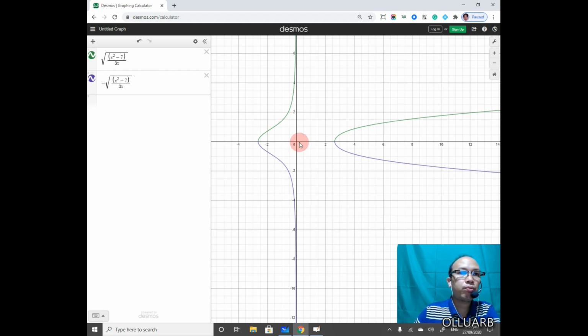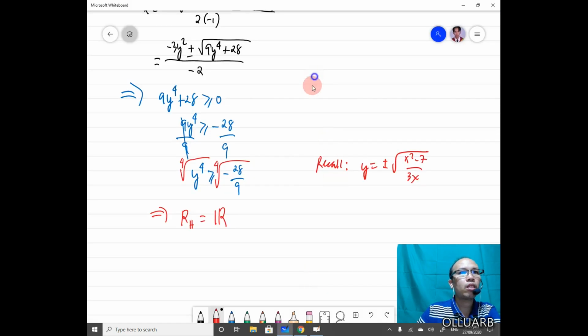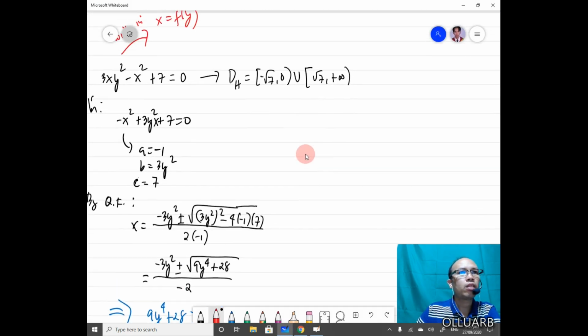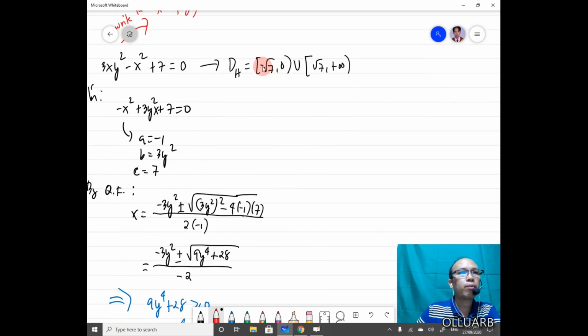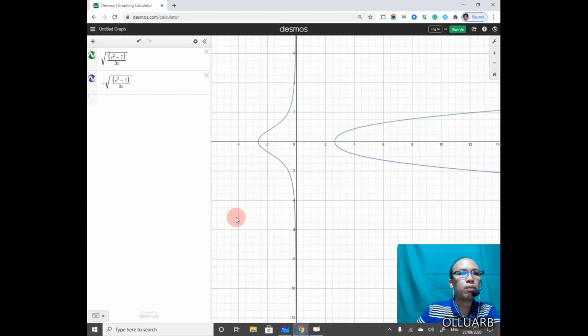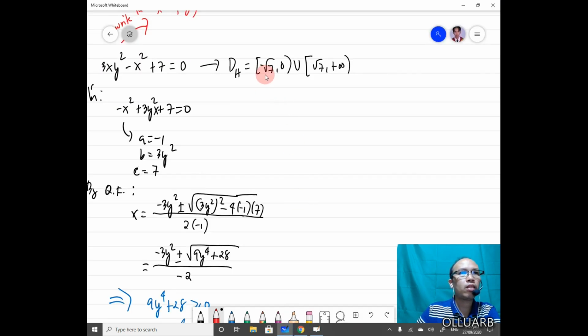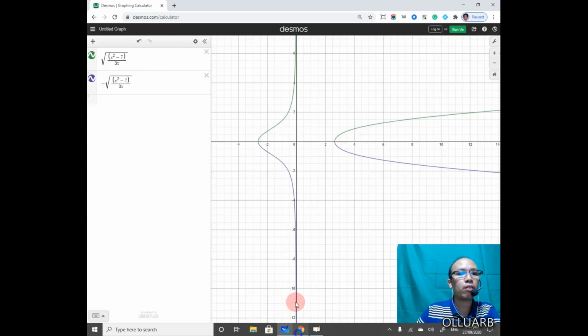Notice that, where is the domain? The domain is from negative infinity to 0. No, that's from negative square root of 7 to 0.